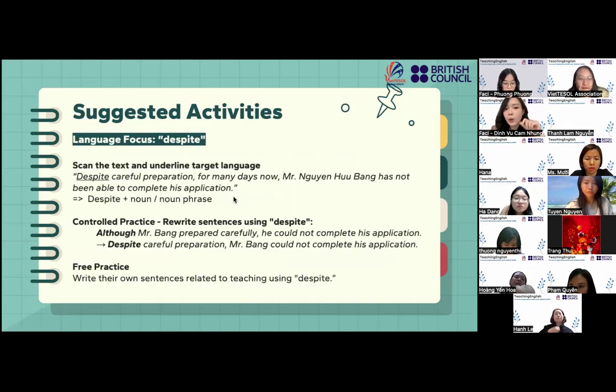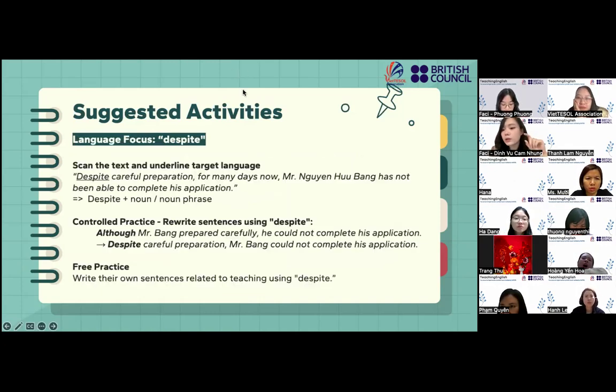So one more is the language focus. When you think of post-reading activities, many of you say that you want to focus on vocabulary, maybe asking how we are going to paraphrase this text. But actually, the reading text is also a very good sample for you to analyze the use of grammar.